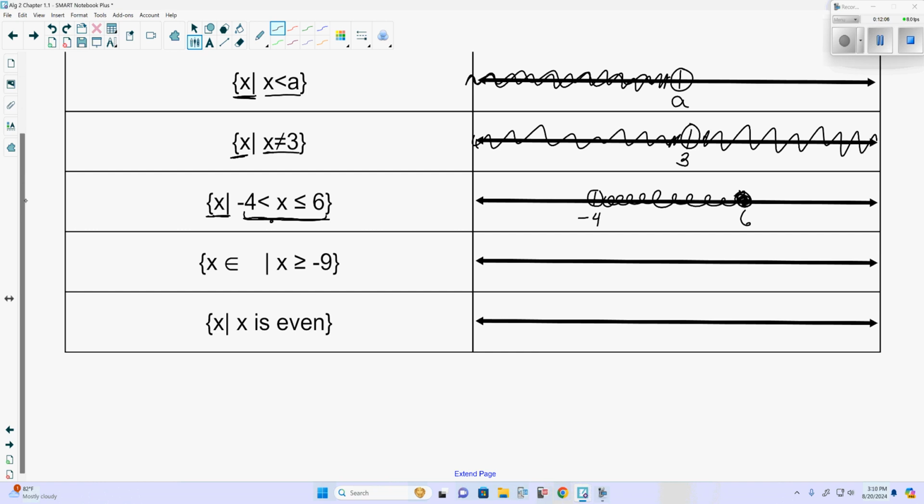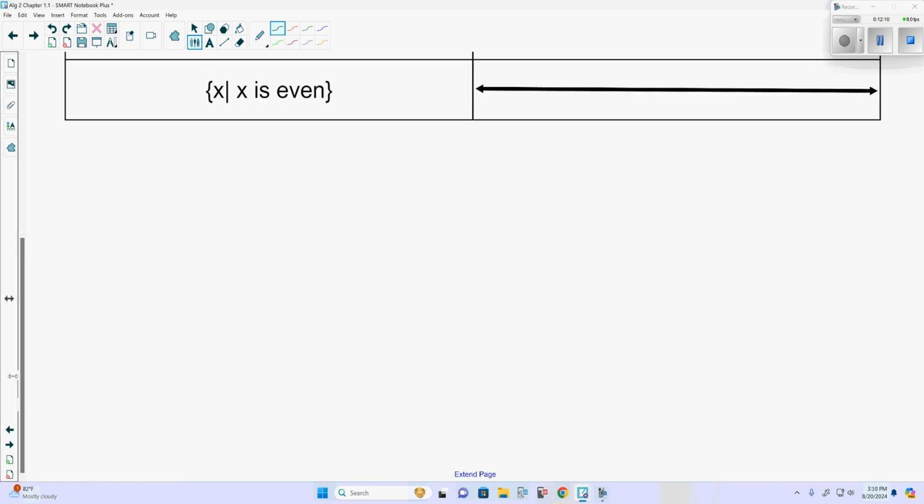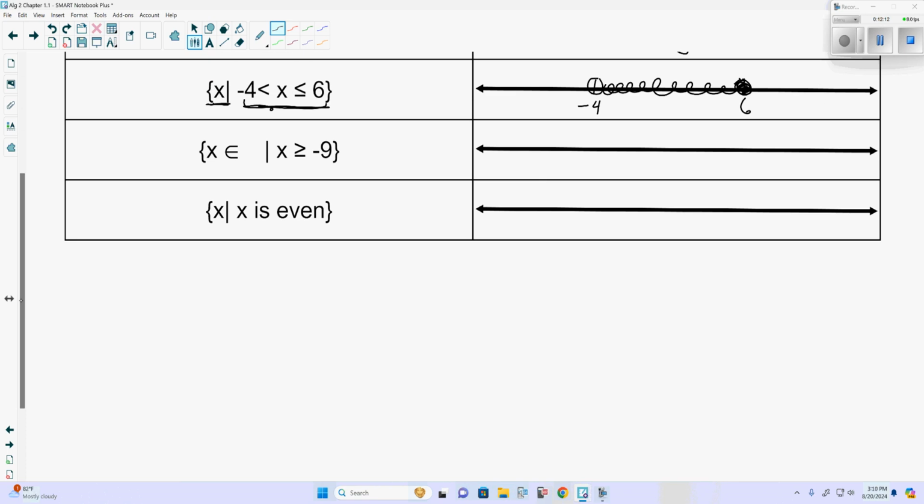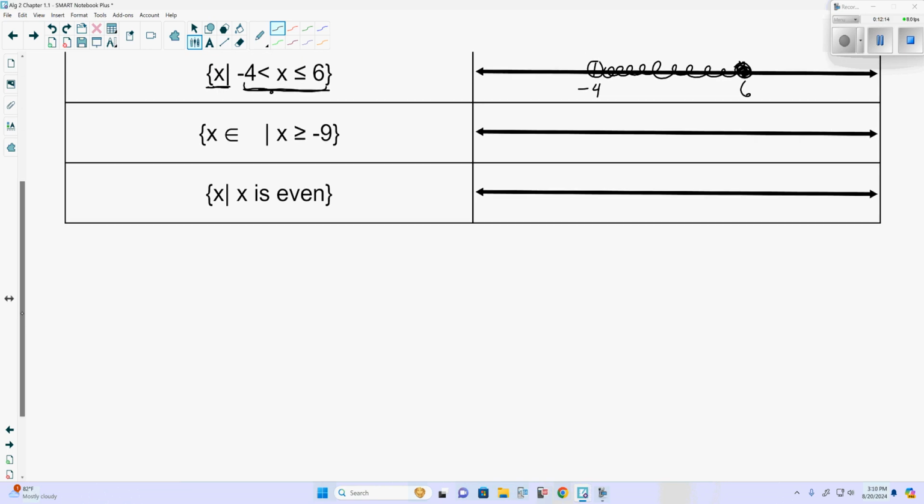Any questions before we look at the element symbol? So that's our new symbol of the day. This here is element. And we're saying x is an element of, and we can name a different number type. So we could say x is an element of the integers.